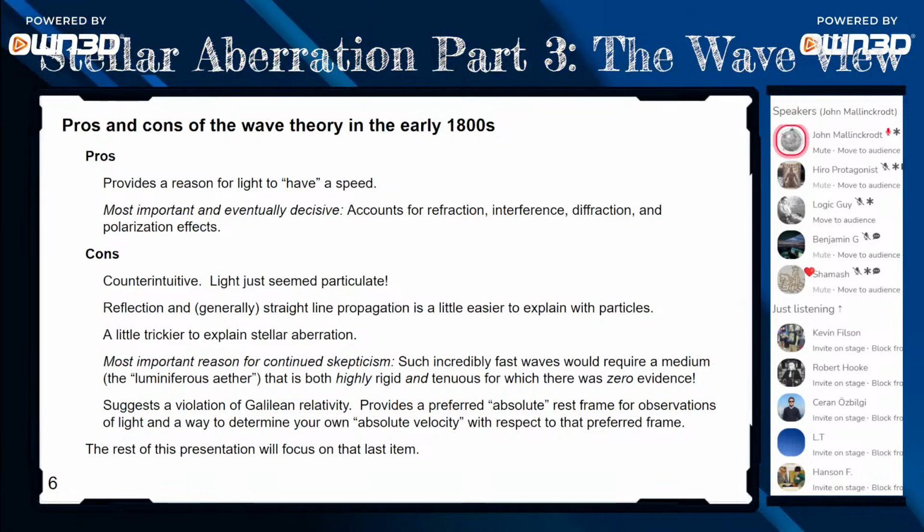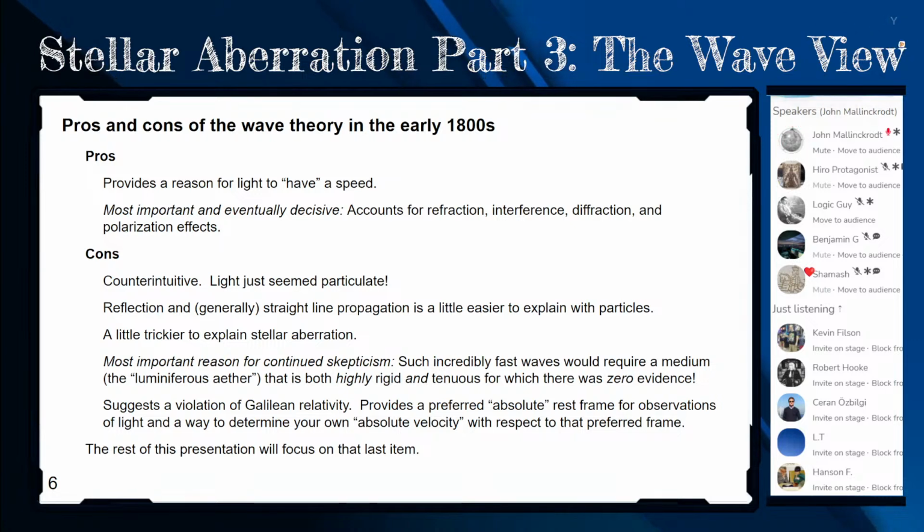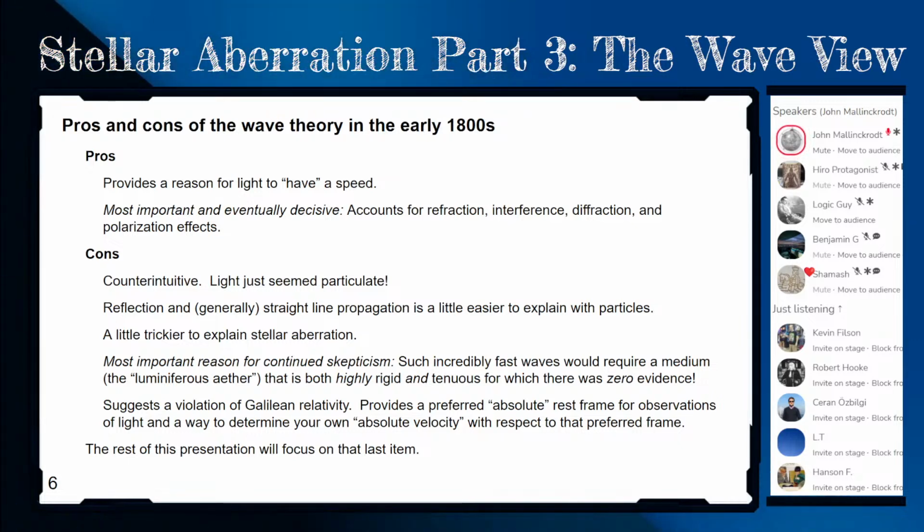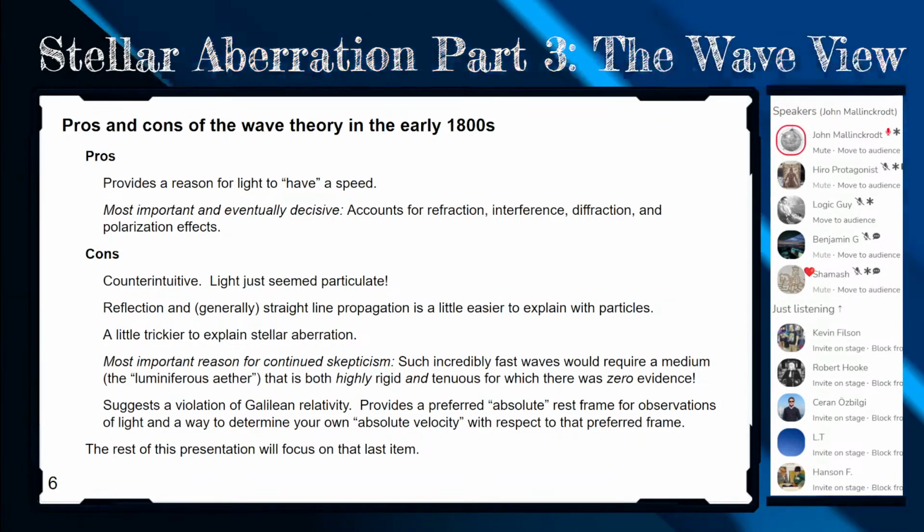But there are a lot of cons. Number one, it was just counterintuitive at the time. People thought about light and it was so obviously particles. It traveled in straight lines like particles do. It's funny, that's another one of those things where I have to put myself in their brains.